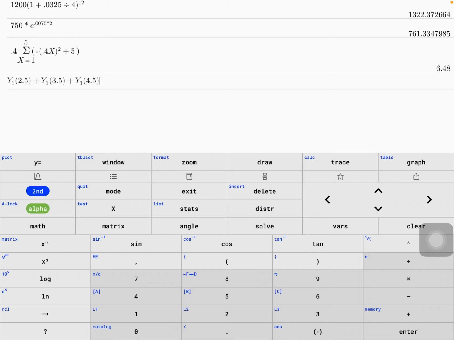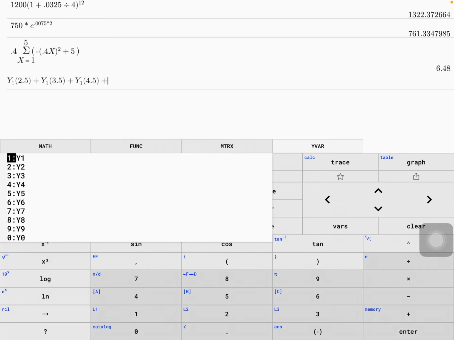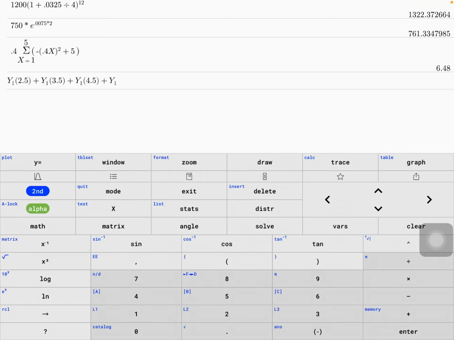And I need to get up to 5.5, my last one. So one more time, plus alpha F4, y1 of 5.5. Those were the middles of each of those rectangles.